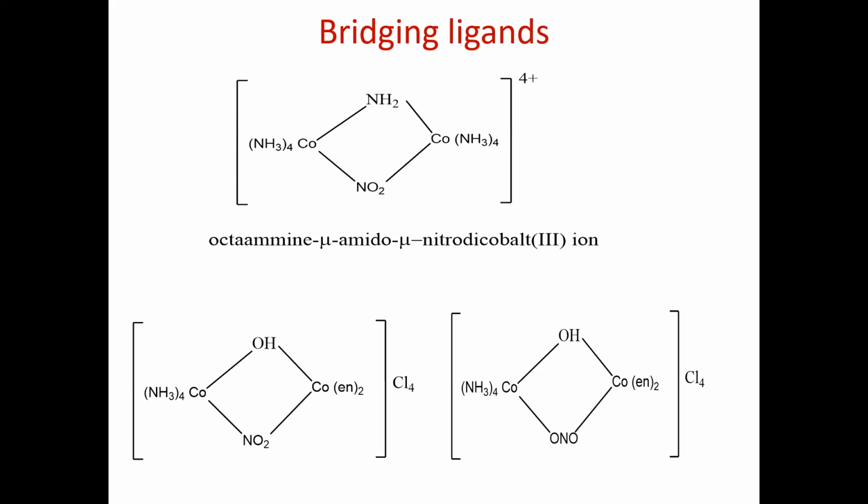We have to name the ligands before the bridging ligand, because the amido should come before the amine if reasoned alphabetically. So does it mean the bridging ligand would always come after? Yes, because it's bridging. So you name the ligands before it; this one is just bridging. You cannot start naming with mu.